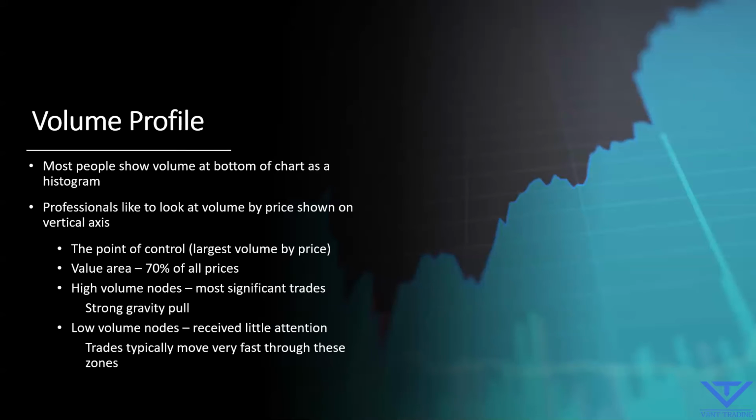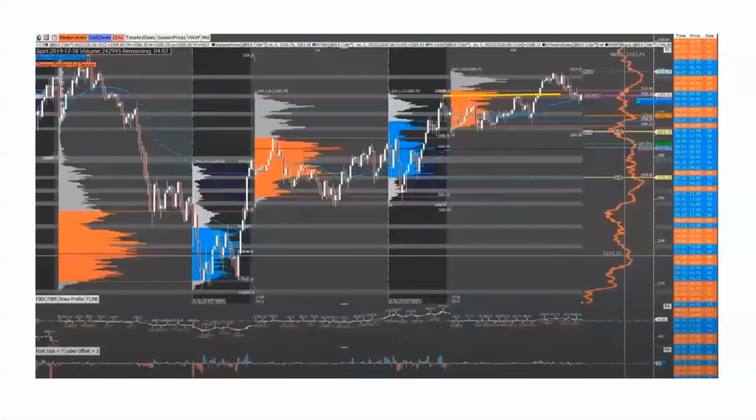And what you'll see in volume profile analysis is really a story. The market is just searching, trying to go from one high volume node to the next, from one value area to the next value area. And again, knowing where these value areas are, knowing where the point of control is, knowing what price most of the participants are in at, is an important point of information for you as a trader going forward.